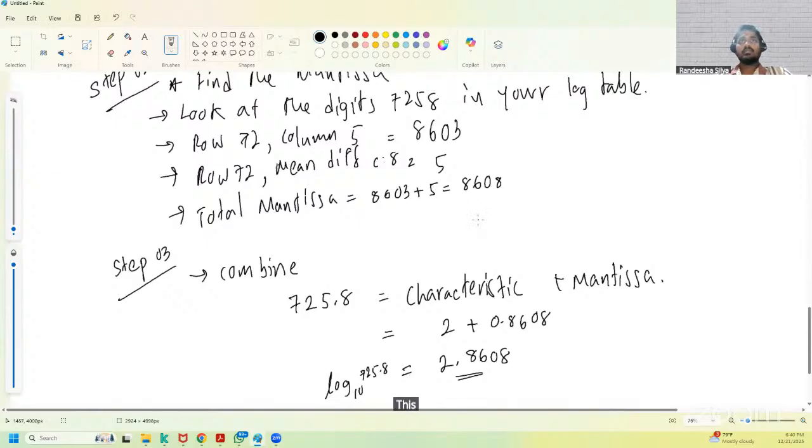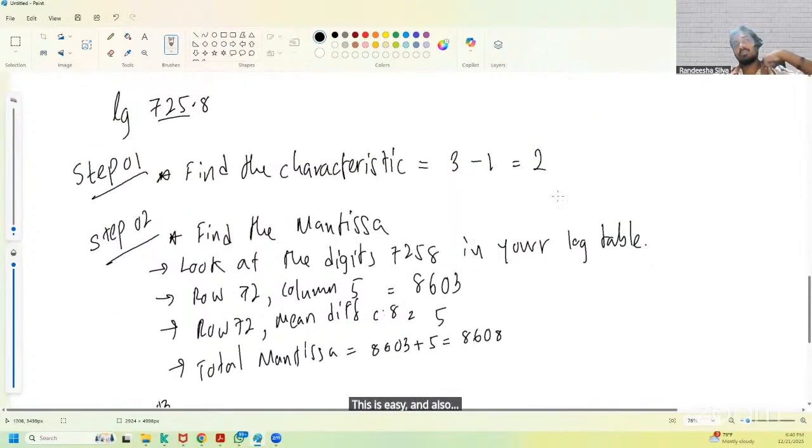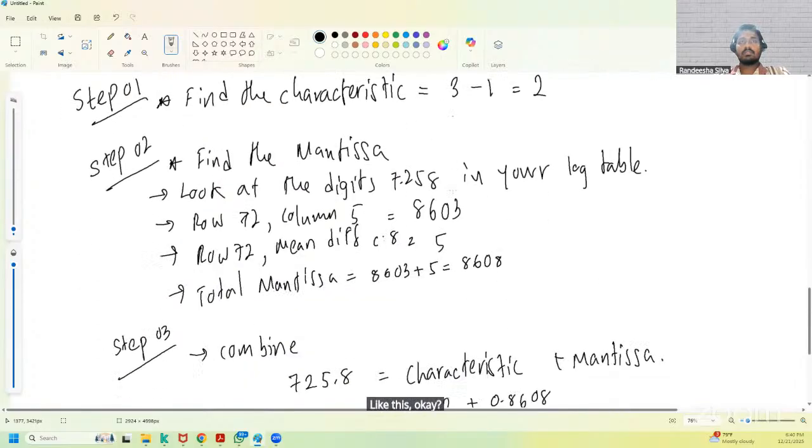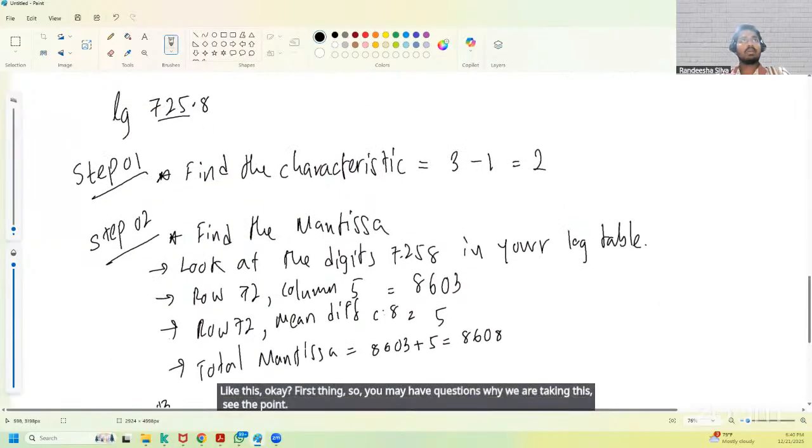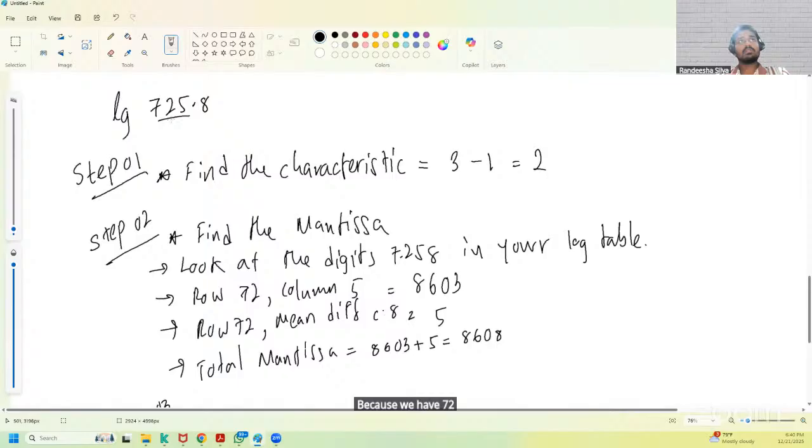This is easy. Here we took the digits 7258 directly. You may have questions about why we take the 0 point, because 725.8 is a big number.